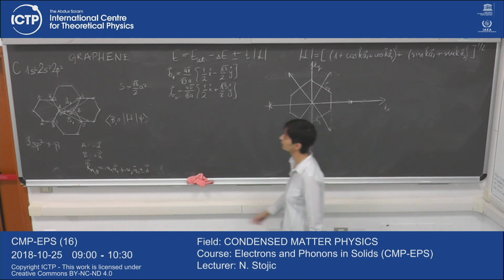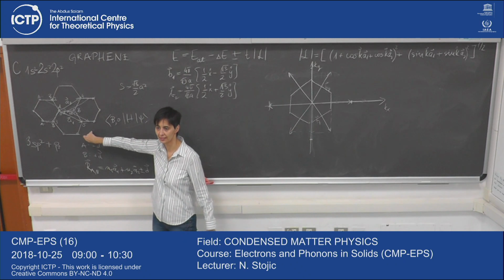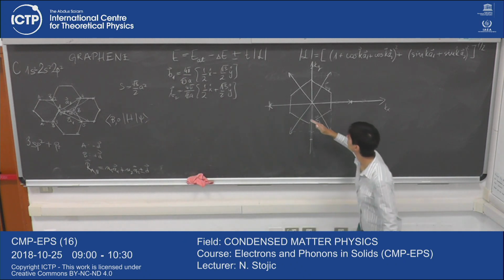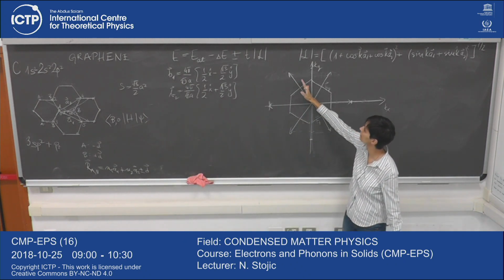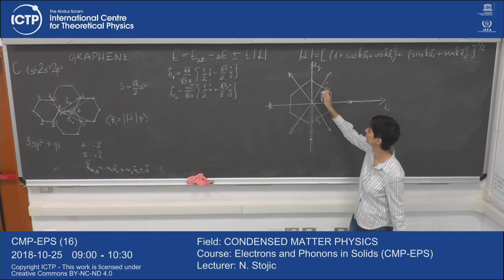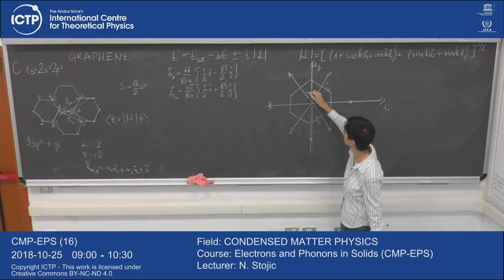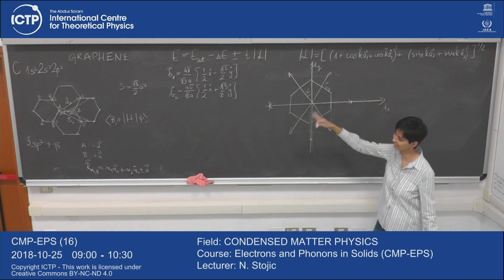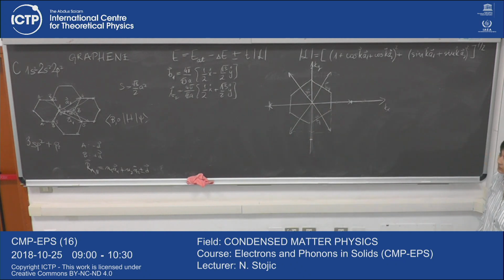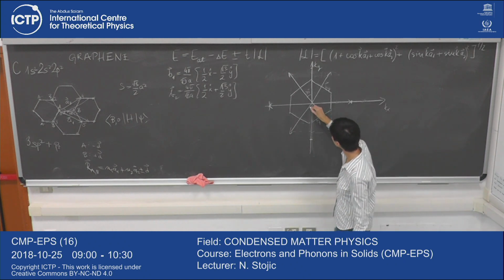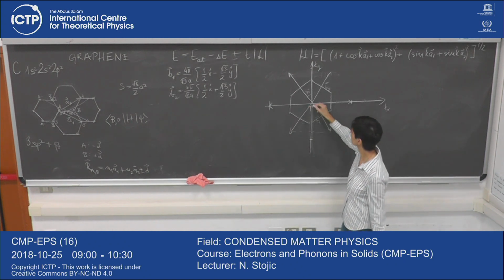So if you compare the real space lattice and this lattice, they are rotated by this angle. This is 30 degrees. So it is just the same lattice. This is the gamma point, obviously. You're still drawing, okay.